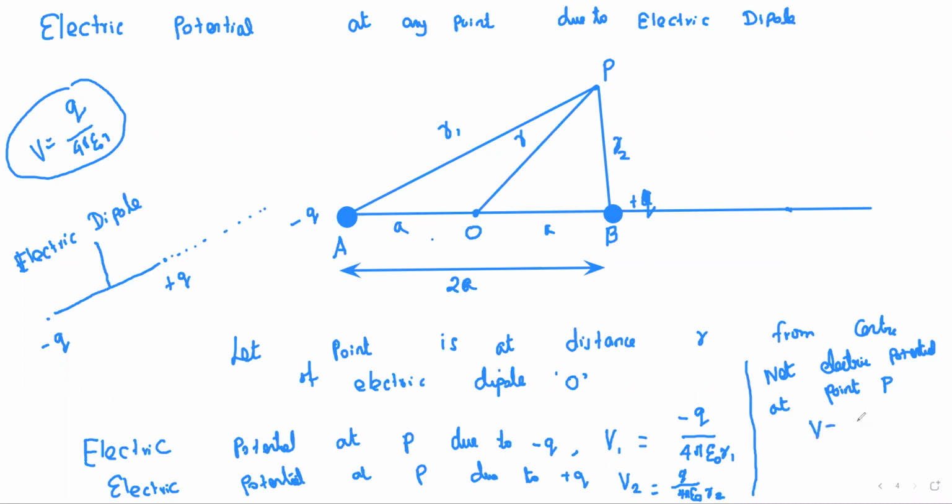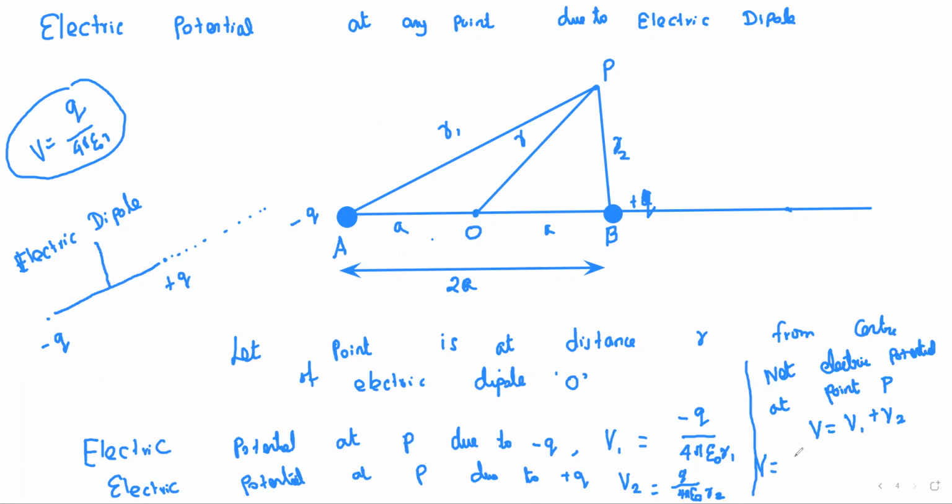You can simply add that energy, because this is the work done by the system itself and this is the work done by the external one. So the net potential should be V1 plus V2 only. You don't need to consider any direction because it is a scalar quantity. Hope you get my point.